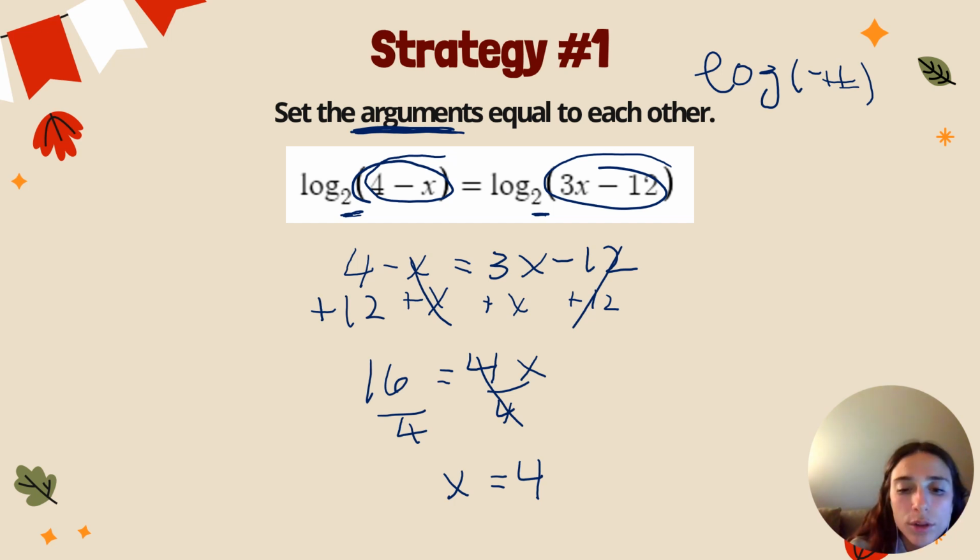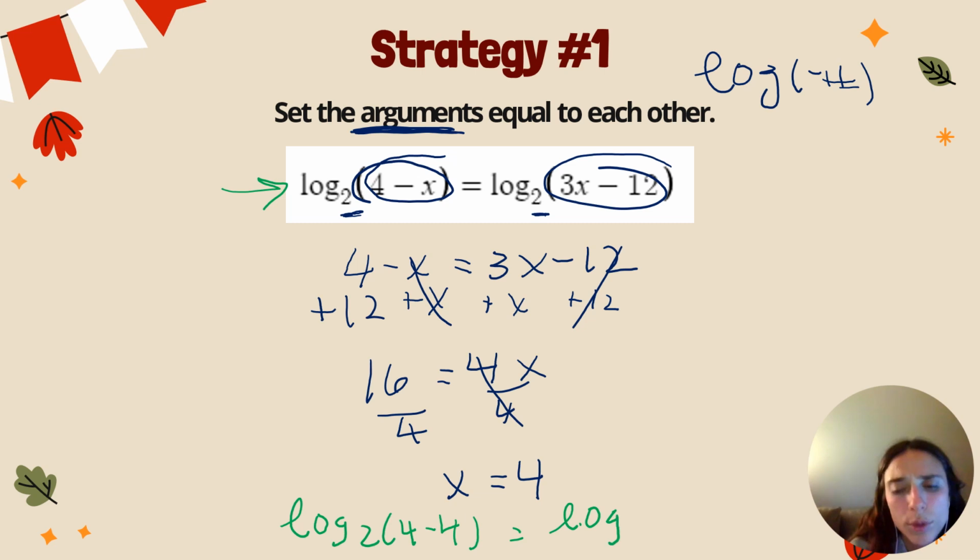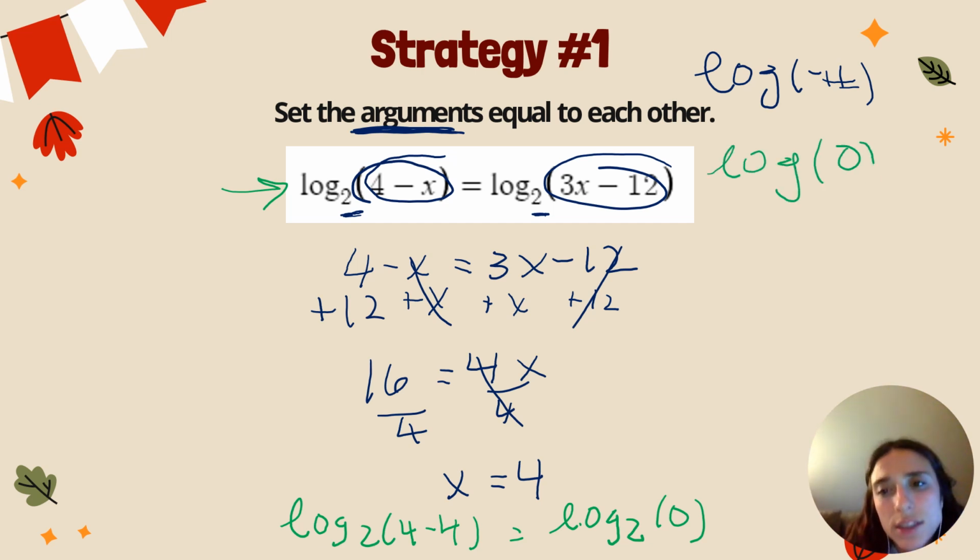For example, let's take 4 and plug it into our left side. When I plug in 4, and you have a calculator to help you do this, I get log base 2 of 0. And if I type in log base 2 of 0, I also get undefined.